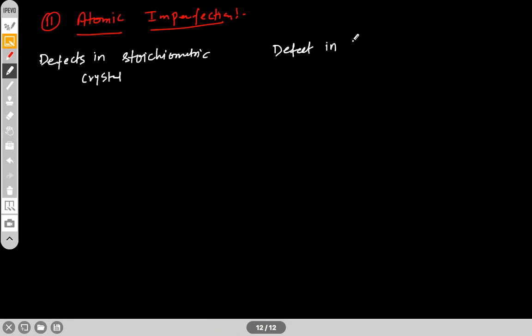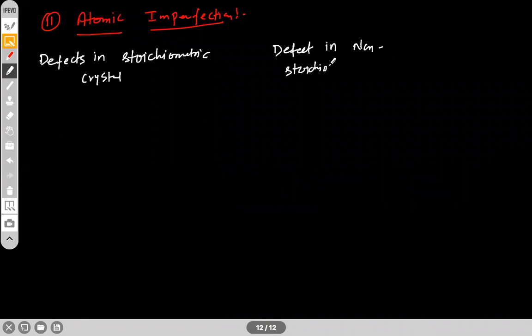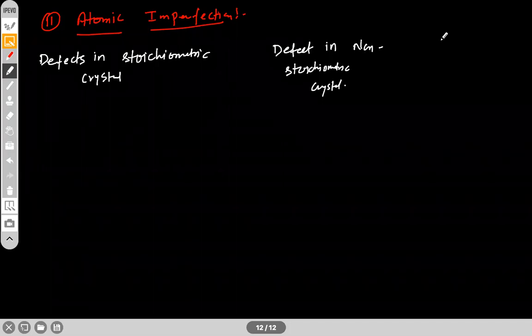Defects in non-stoichiometric crystal. And the last one is line defects or dislocation defects.